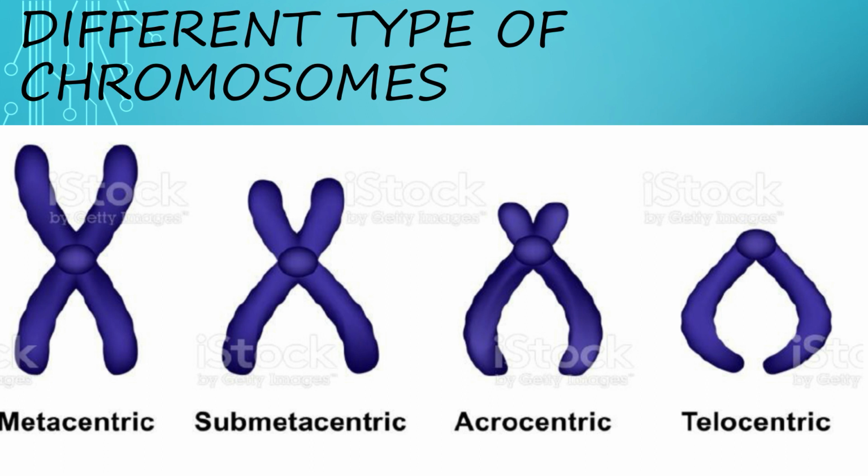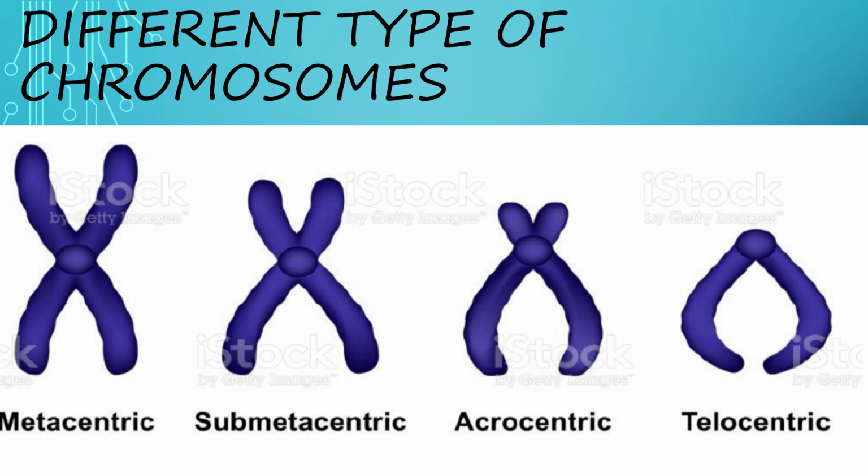The submetacentric chromosome has the centromere slightly away from the middle, resulting in one shorter arm and one longer arm. In an acrocentric chromosome, the centromere is situated close to its end, forming one extremely short and one very long arm. And a telocentric chromosome has a terminal centromere. So this is one way of classifying chromosomes on the basis of their shape and structure.